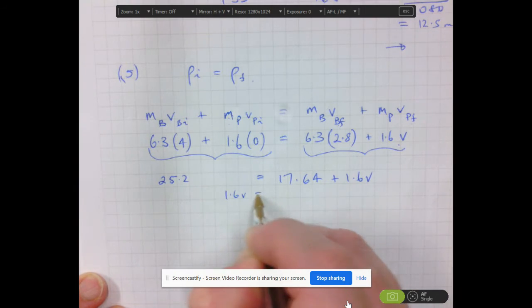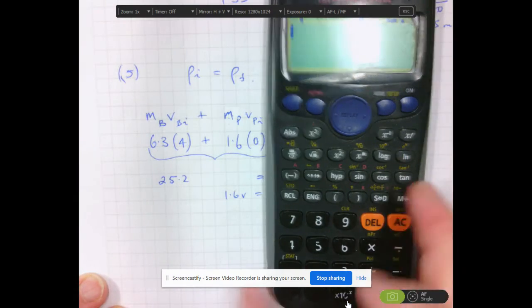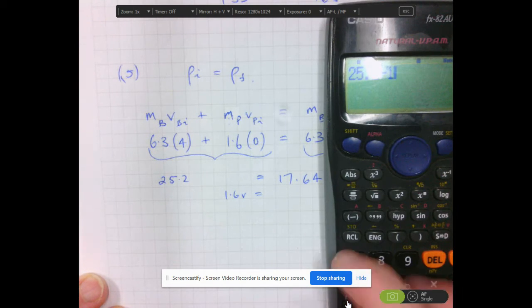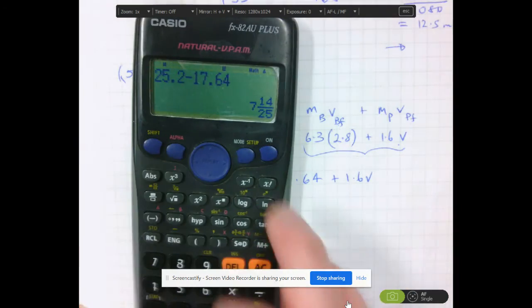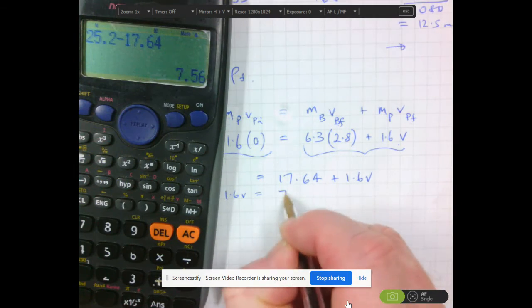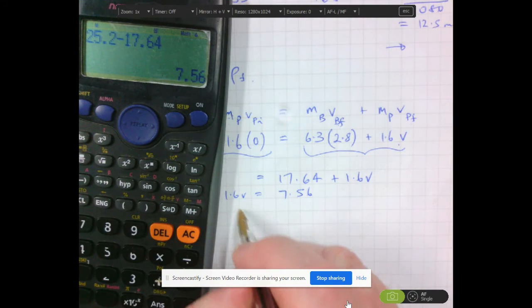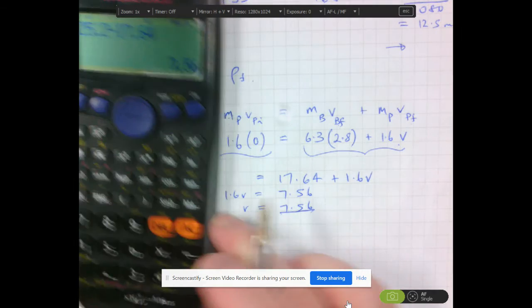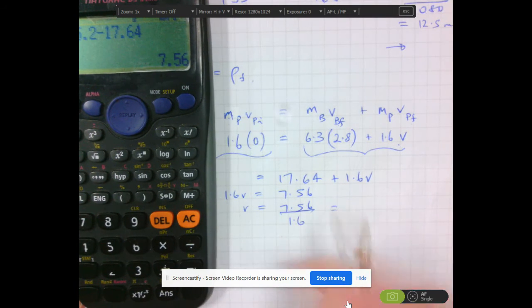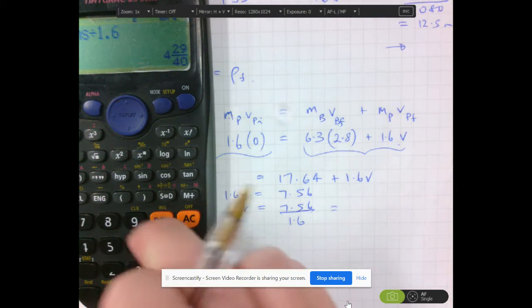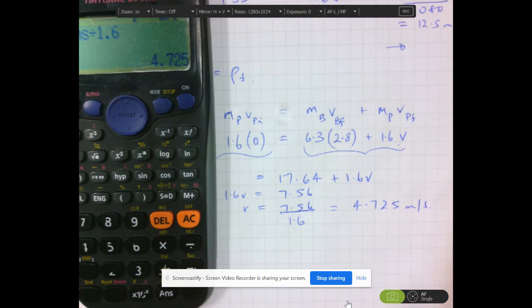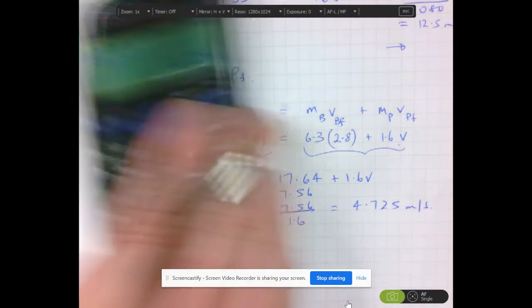So 1.6V must be the subtraction of these two values. So that's 25.2 minus 17.64. And this is 7.56, and therefore V would equal 7.56 divided by 1.6, and that means 4.725 meters per second. Let me check if I've got that one right. Yes, it equals the answer, so I'm happy with that.